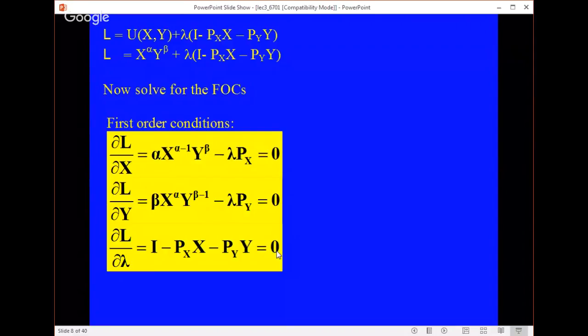I do the same thing for my second first order condition, and I have two equations that equal lambda. I set them equal to each other.